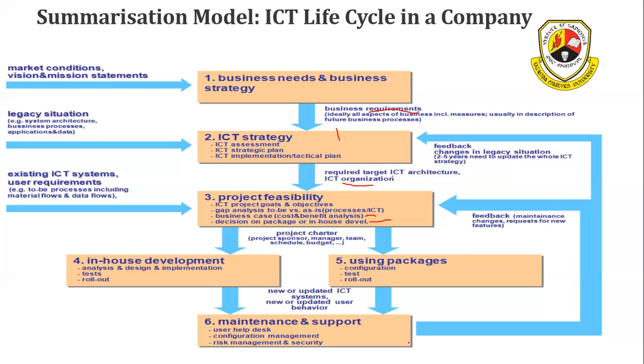Maintenance and support. Now, if you've looked at the process of even the policy development, the policy itself also spells out how maintenance of such a system must be done. So whatever it is you have developed, you start the maintenance process.